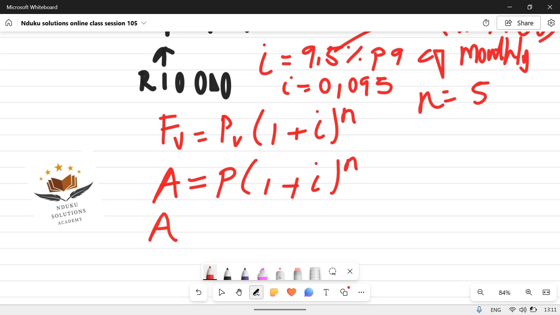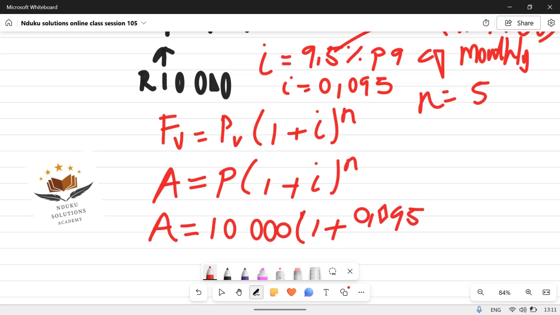And A will be, you are given 10,000 and then 1 plus the interest rate, which is 0,095 divided by 12. Why are we dividing by 12? Because it's per annum, but it's compounded monthly.